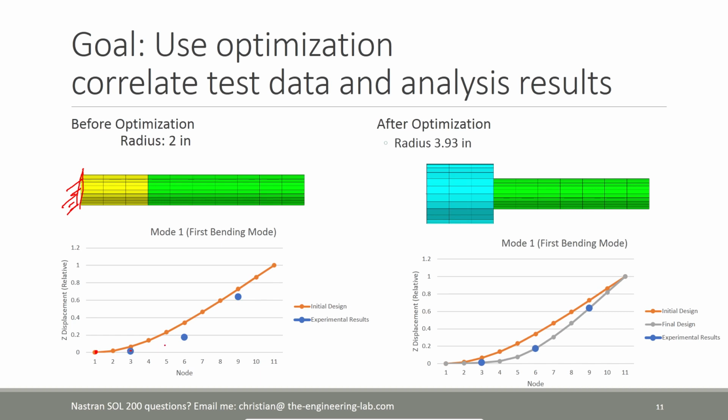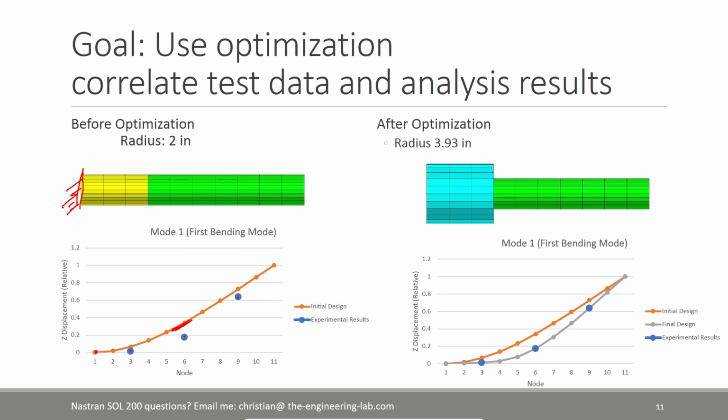Now these blue dots here represent what the experimental tests should have given me, but you can see here in orange, we are far from meeting the experimental results. So the goal in this first example is to better correlate the finite element model to experimental tests.